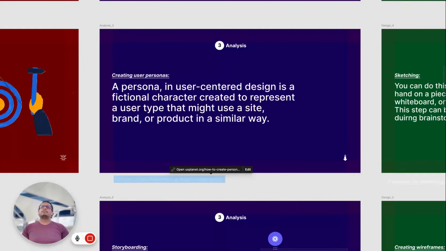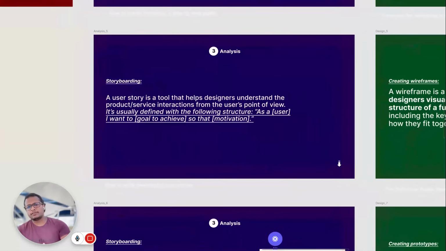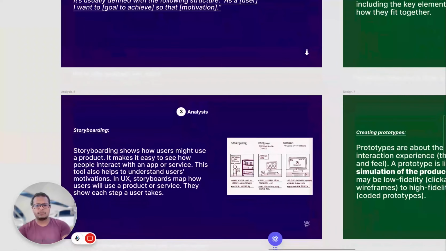So we will understand what types of personas we are going to cover in this region, where the project is, the number of audience in the entire project, and what type of audience it is. This segment is very helpful. And then you create storyboarding also, a visual storyboard which can be demonstrated to the end user.